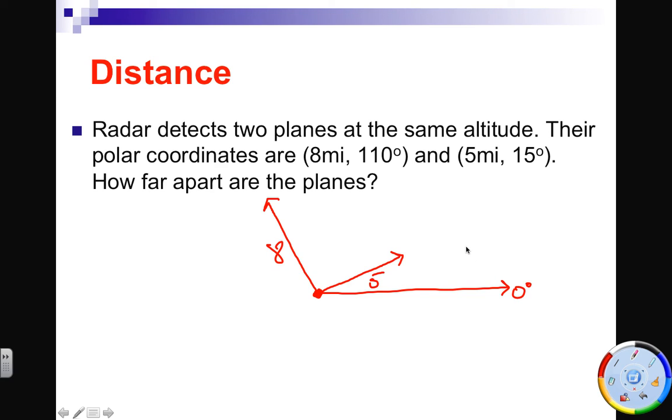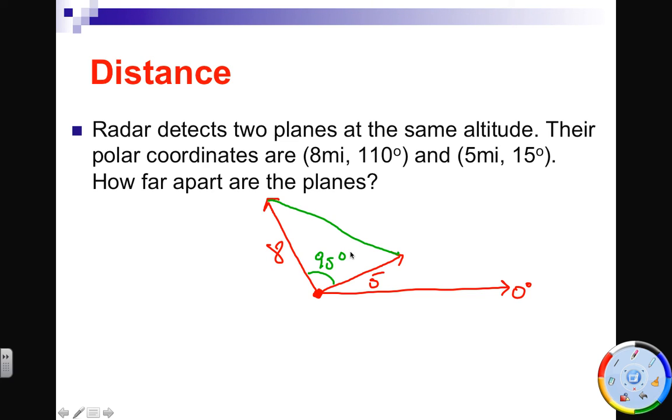Now, the question is, how are you going to do this? You want to find the distance between these two planes. Well, you'll notice that that just created a triangle. And if this little angle in here is 15 and the big angle is 110, the angle right here is 110 minus 15, which is 95 degrees.